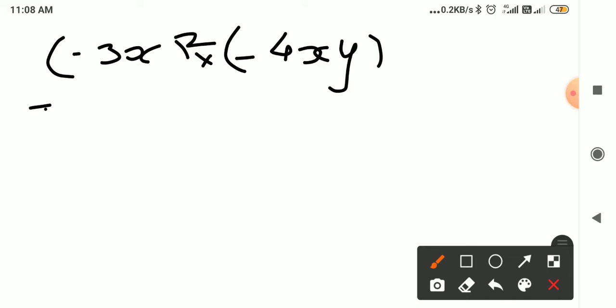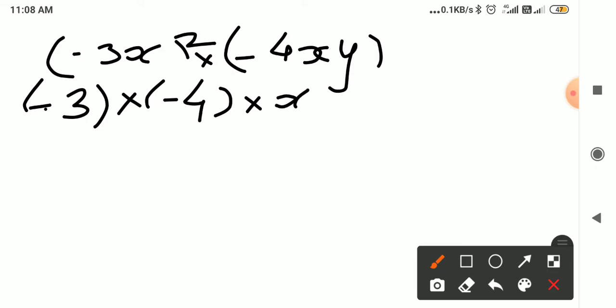As it is given in the textbook, in that way I will show you. So minus 3 into minus 4, x square means x into x, and then xy means x into y. So in this example 3 4s are 12.